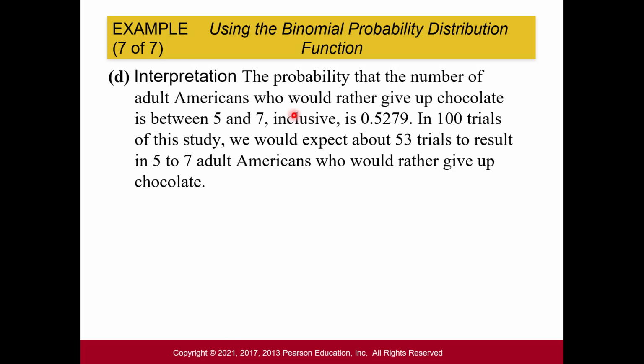And so the probability that the number of Americans who would rather give up chocolate is between 5 and 7 inclusive is about 52.79%. Another way to say that: in 100 trials of this study, we would expect about 53 of the trials to result in 5 to 7 adults who would rather give up chocolate than their cell phone.